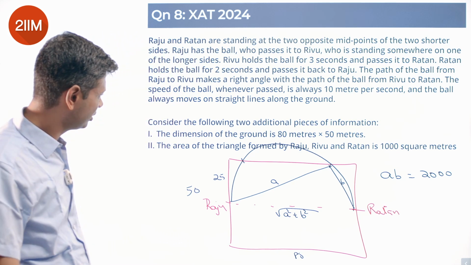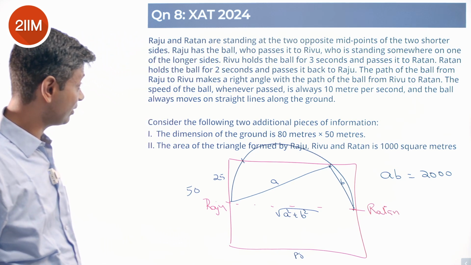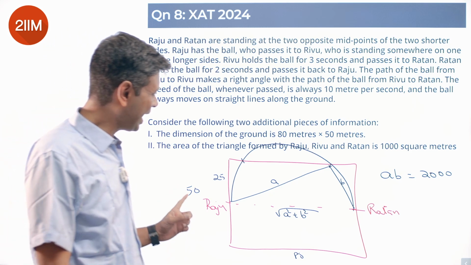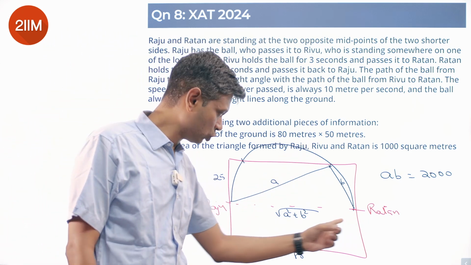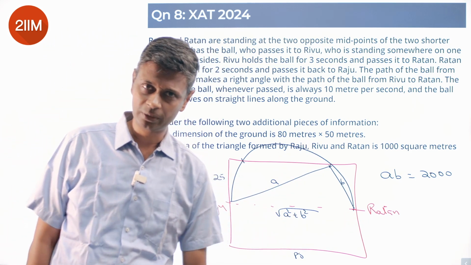And what do we need to find? The distance travelled is A plus B plus square root of A square plus B square. That is what we need to find.